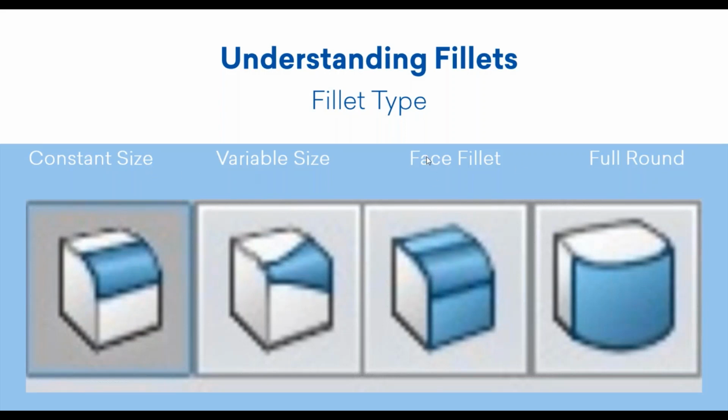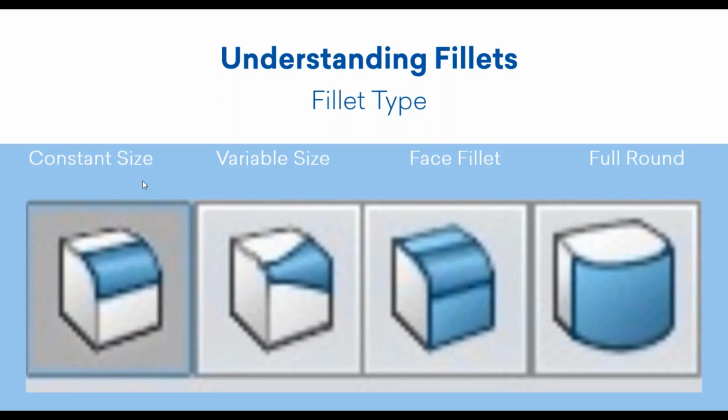There are 4 different types of fillets, and the most commonly used one is the constant size fillet. Naturally, since it's the most common and the default fillet type when you launch the tool, it also has the most versatile options and customization available.